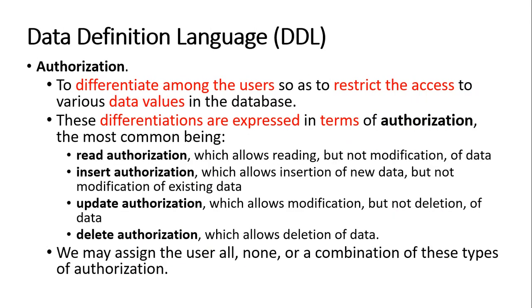Now the next one is about authorization. Now you know that many different people can use the data, and if everybody, now you know that we have a WhatsApp group, and if I make every one of you an administrator, you know what's going to happen then. So there must be some people who will just see, and there are some groups in which the members can't post anything, they can just see what is going on.